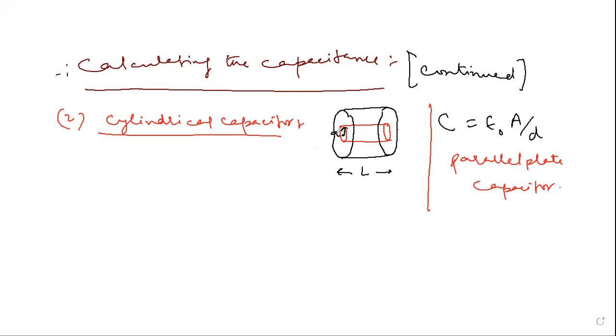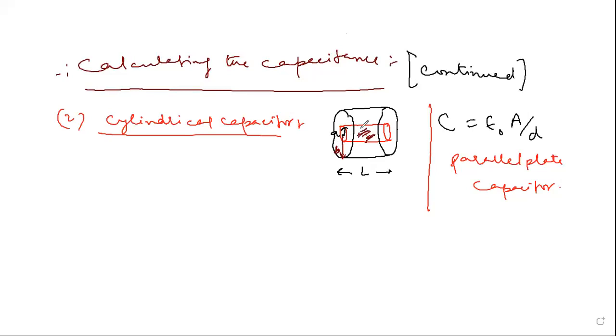A is the radius of inner cylinder. Let me use another color here. B is the radius of outer cylindrical shell.